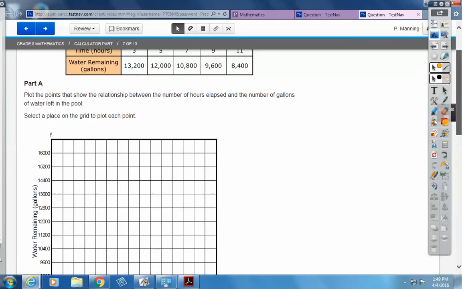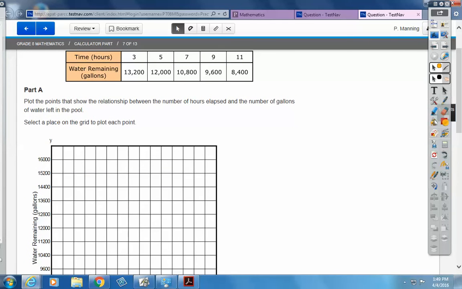So we have 3, 13,200. So 1, 2, 3, and we have 13,200. Well, 13,200 is going to be less than 13,600 and more than 12,000. And how much more?